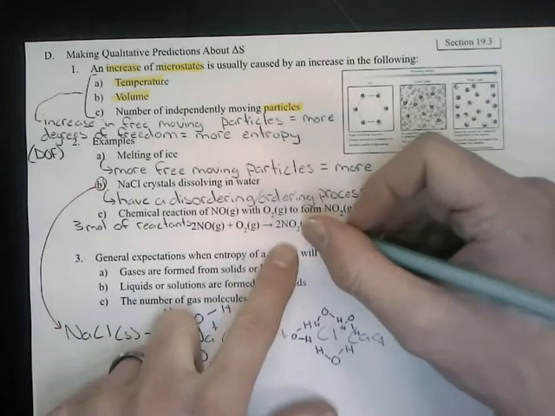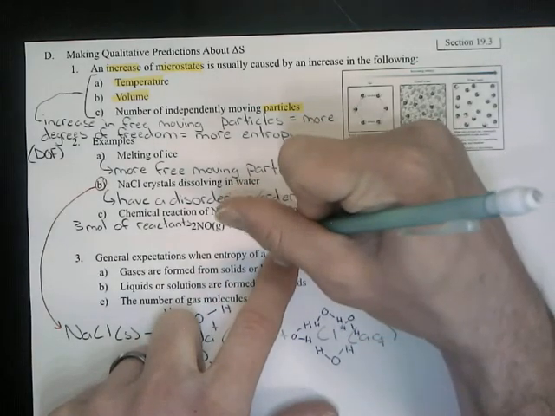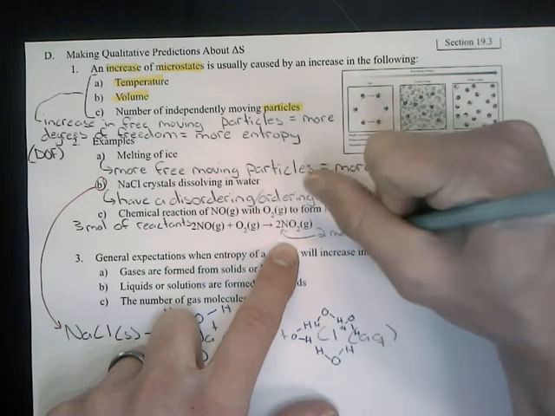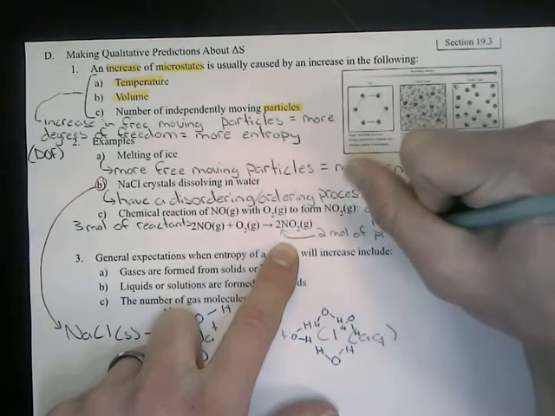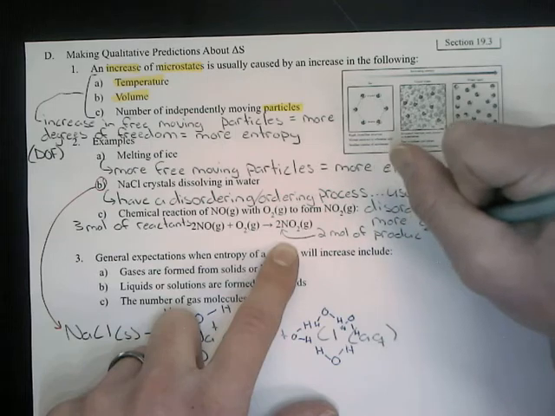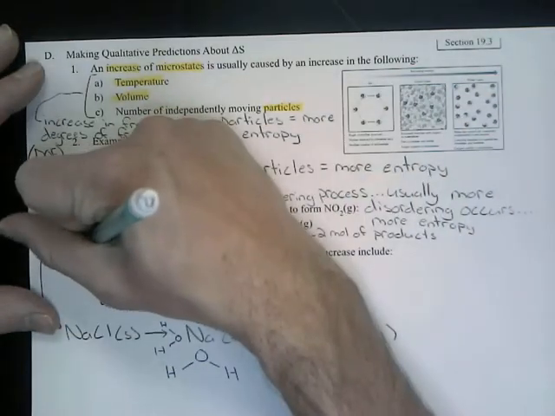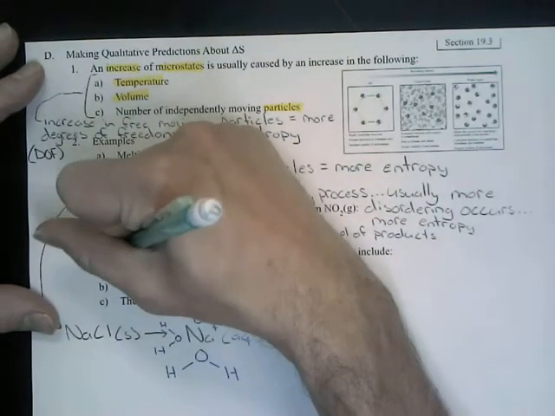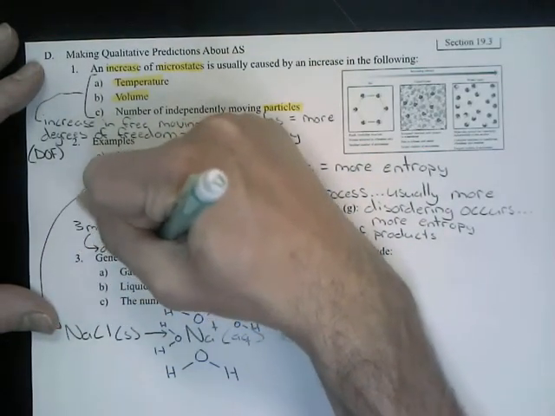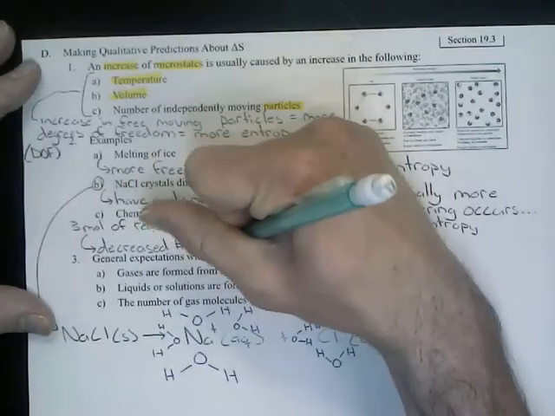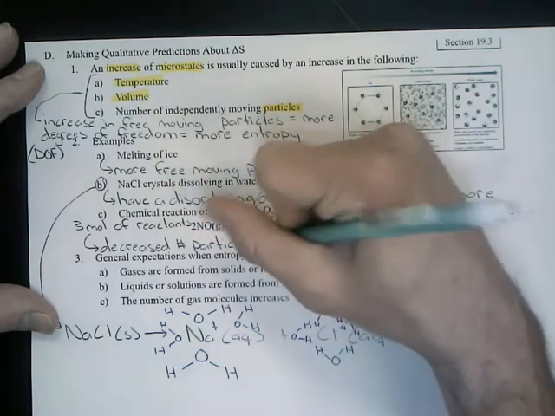On this side, we only have 2 moles of gases, so 2 moles of products. So we have decreased the number of particles, which means we're going to have less entropy.